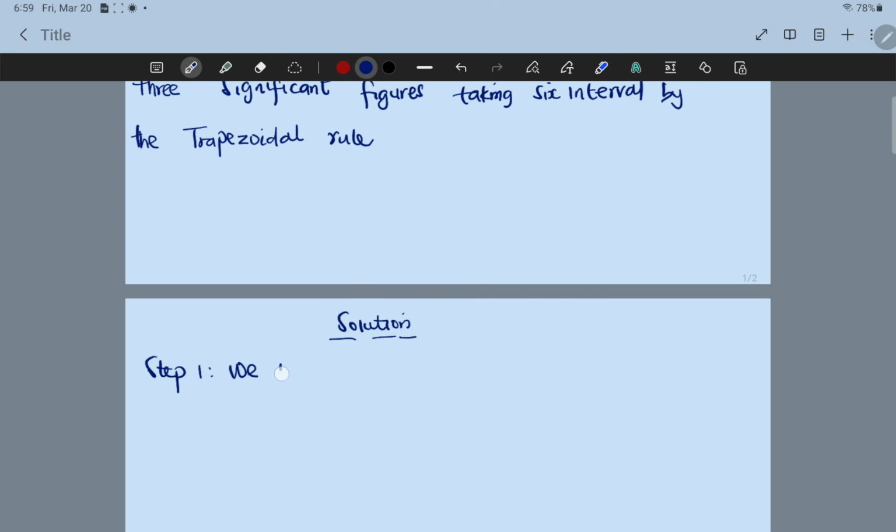So step 1, we identify our f of x, our a, our b, our n, and we identify our h.